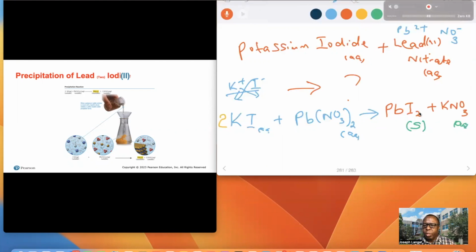Don't change the subscript. For potassium, we have 1 here and 1 here, and for the nitrates, we have 2 nitrates and 1 here, so we need a 2 in front of potassium nitrate. And that way the equation is balanced.